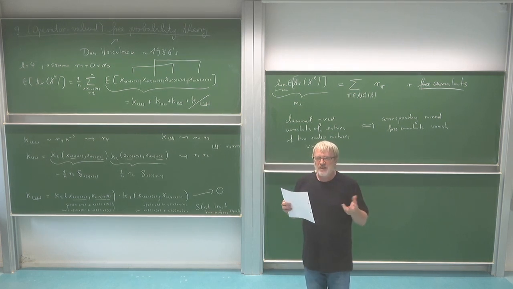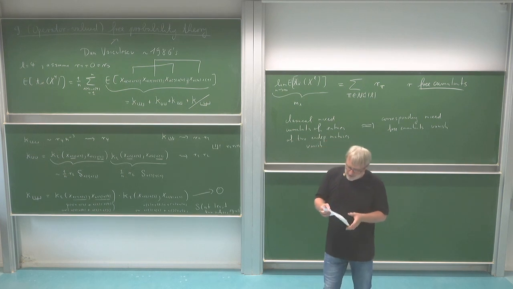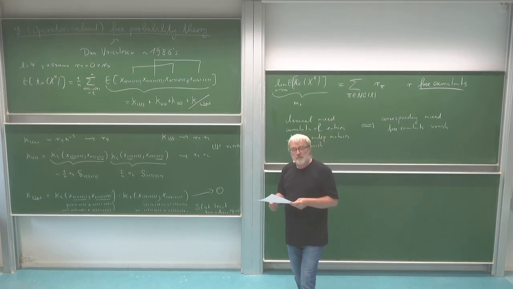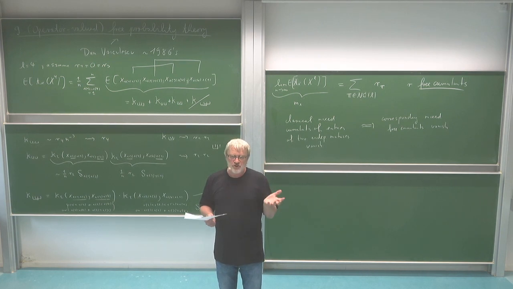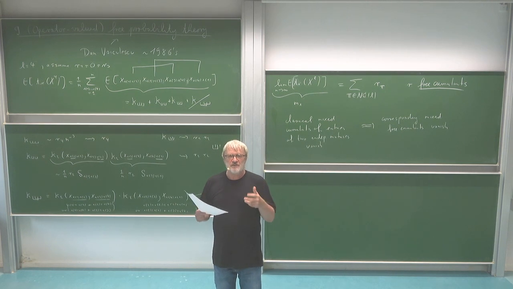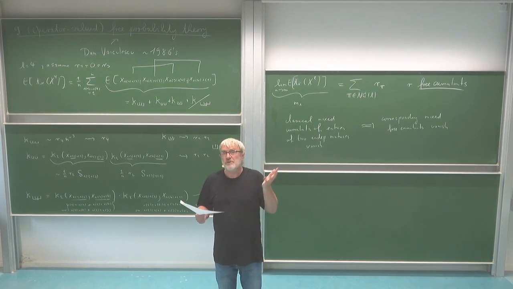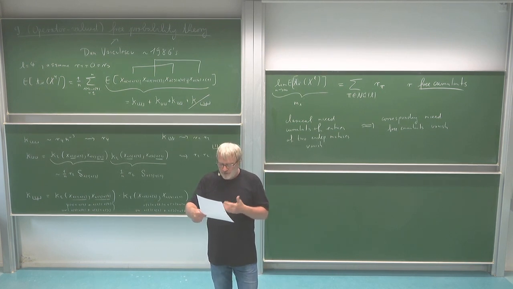Okay, and then this means I'm here in a situation where in the limit I have two limiting objects, which are described by the property that their mixed free cumulants vanish. And this property, in analogy to classical independence, is called free independence. So we have here a situation where I have two non-commutative random variables whose mixed free cumulants vanish, and this we can take, if we like, as a definition of the notion of free independence or freeness.